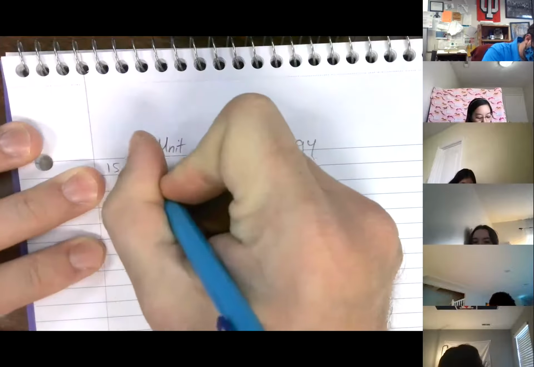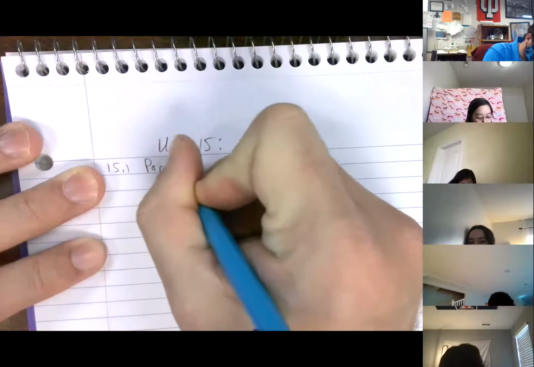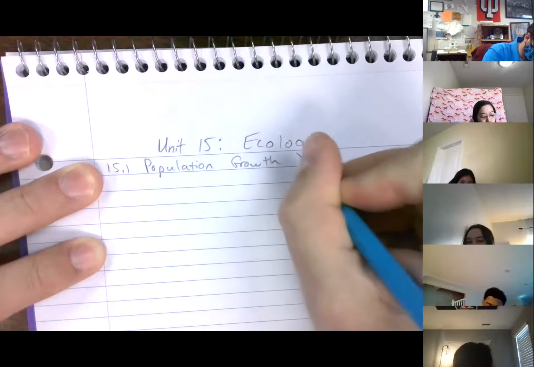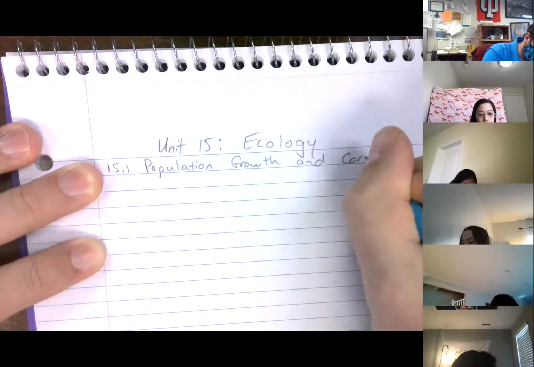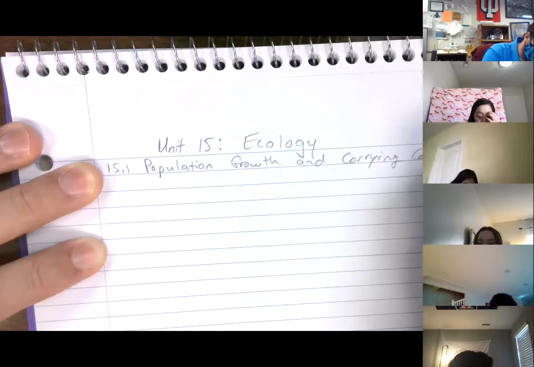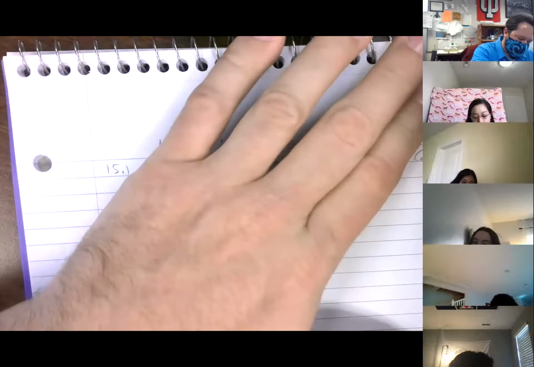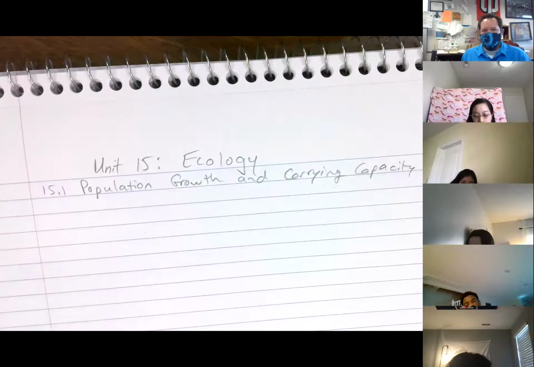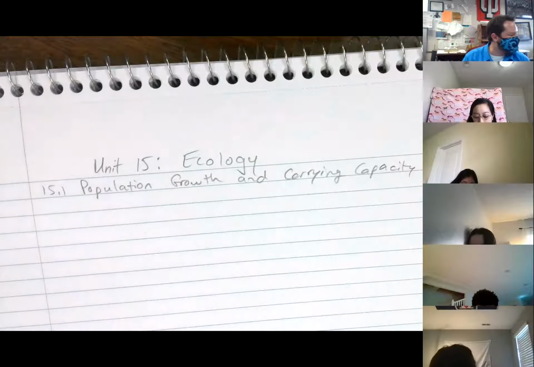And we're starting off with 15.1. We're looking at population growth and carrying capacity.